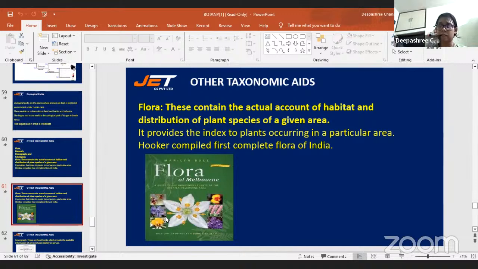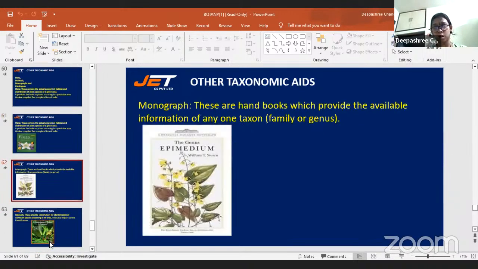I don't know if it is available on Amazon or not, but Hooker was the person who gave the idea, and it describes the flora of entire India, like where the flowers are born, how to take care of the flower, when the flower is growing beautifully, when it is not, and so on.